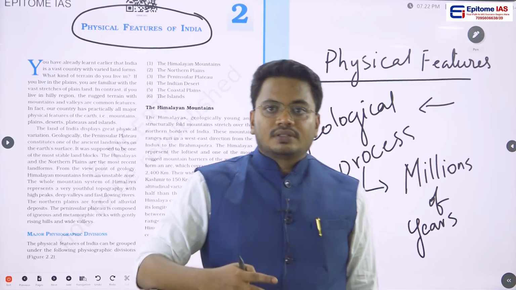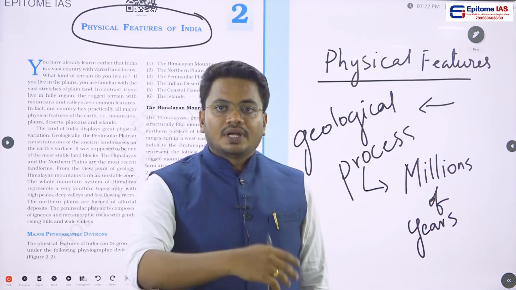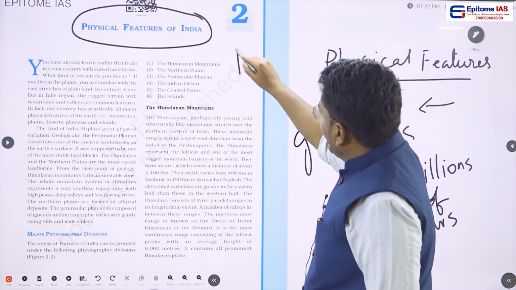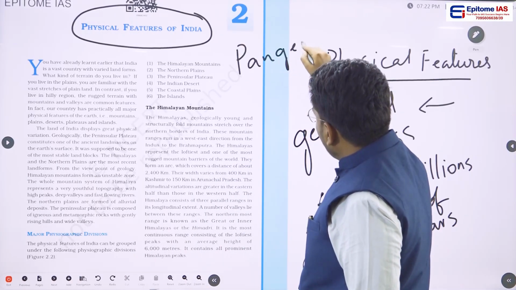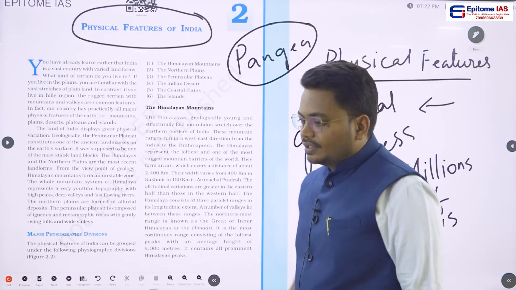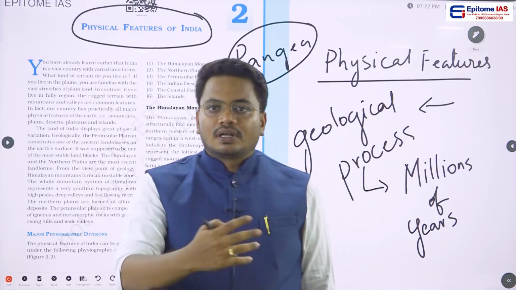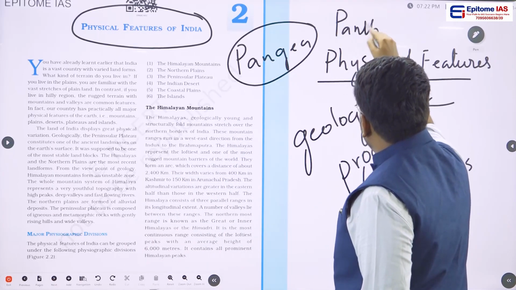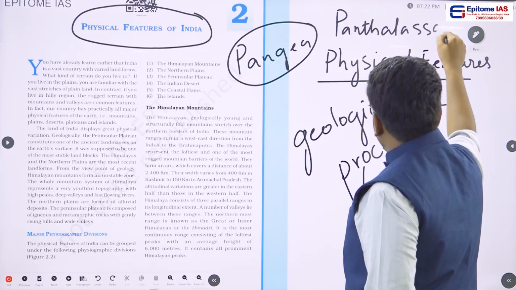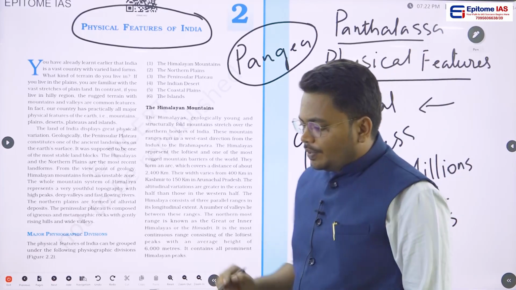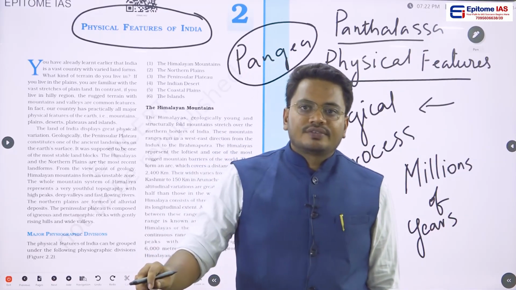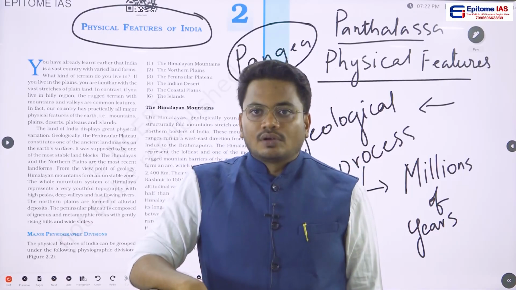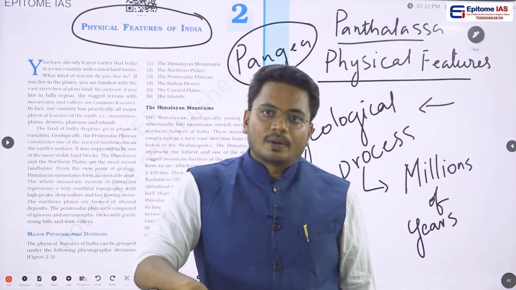Water covered around that singular landmass, and we call that landmass Pangaea, and the water surrounding it we call Panthalassa. Over a period of time, this Pangaea was divided into two landmasses: one is Laurasia, the second is Gondwana.